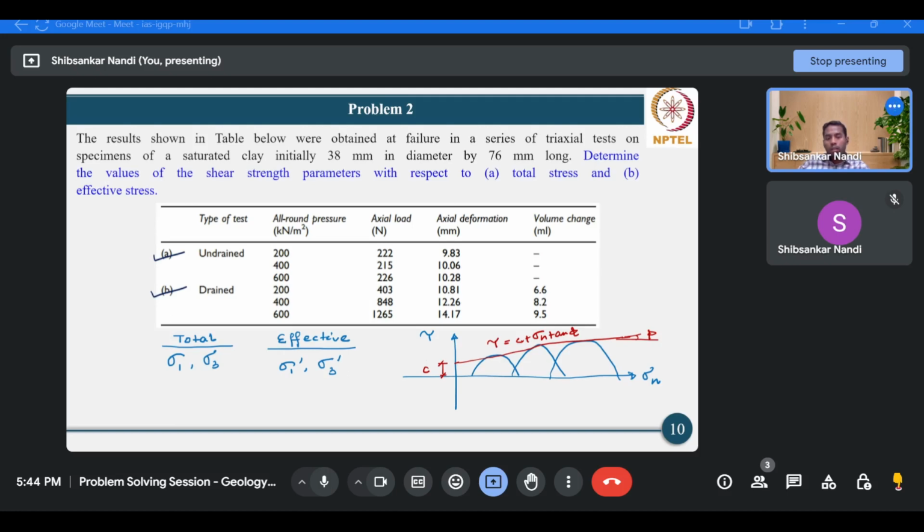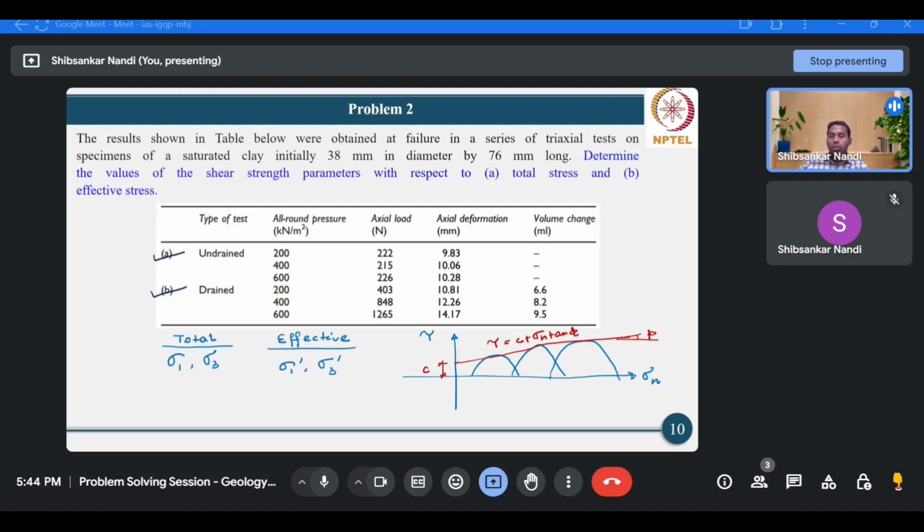From the horizontal inclination of that line and the y-axis intercept at origin, you can determine the shear strength parameters of the soil which you have tested in the laboratory.